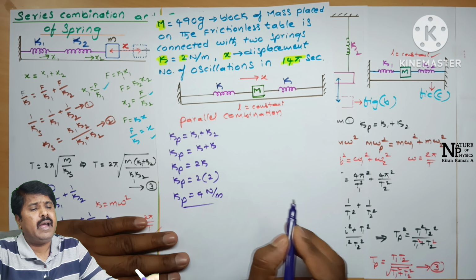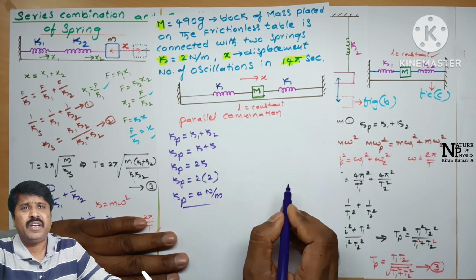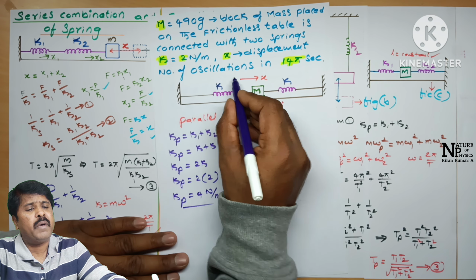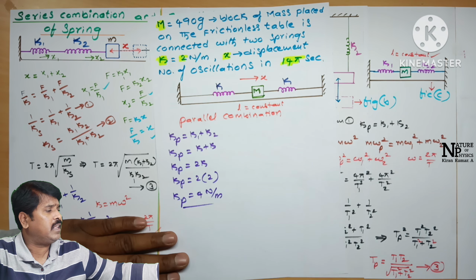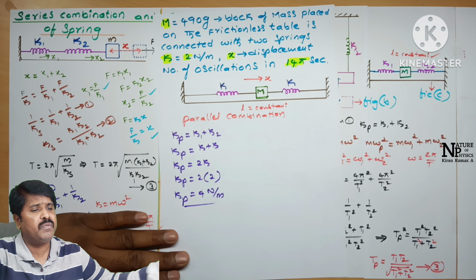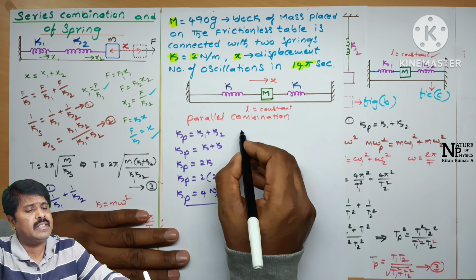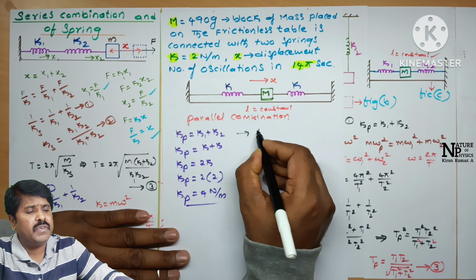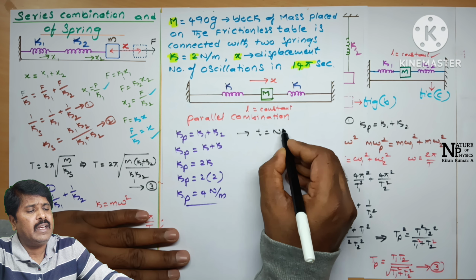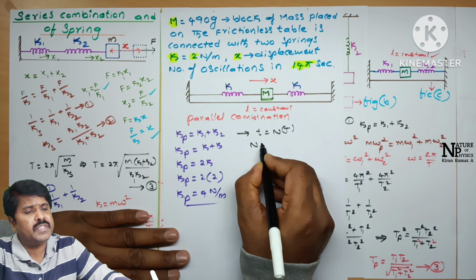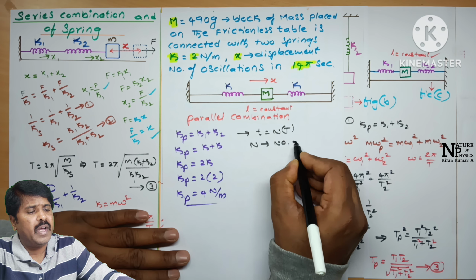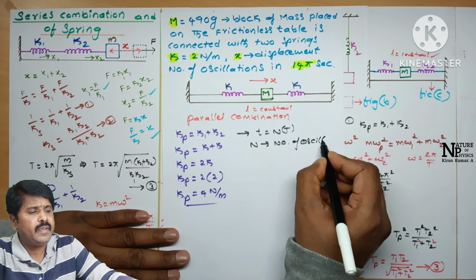Okay, student. And what is asked in the question? In the question, the number of oscillations in 14π seconds is asked. For this, notice small t is equal to capital N into capital T. Capital N represents the number of oscillations.